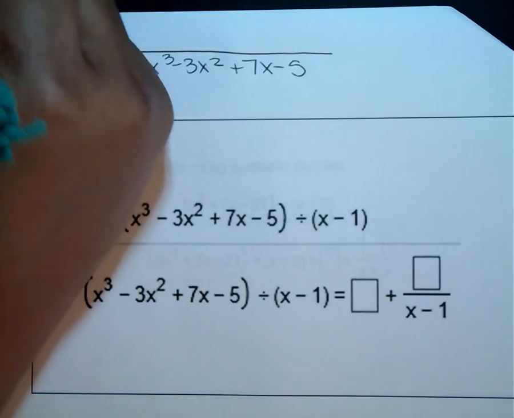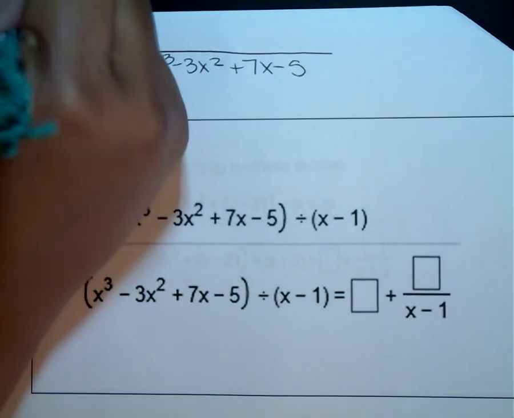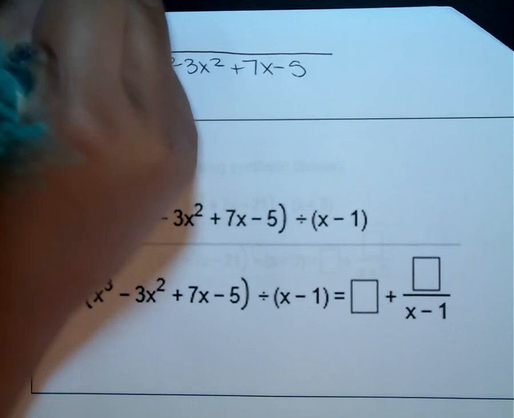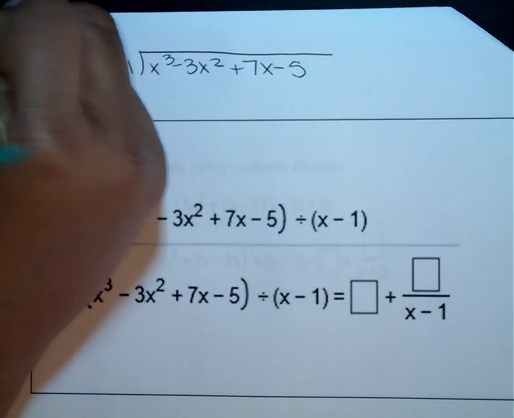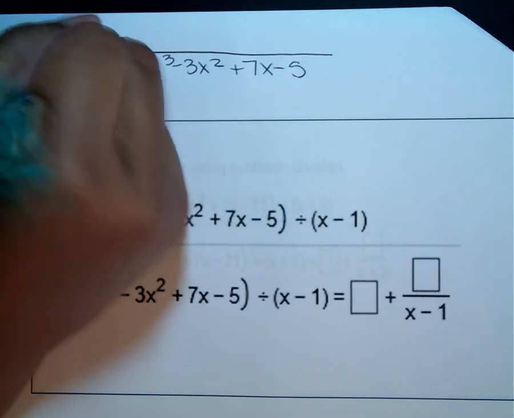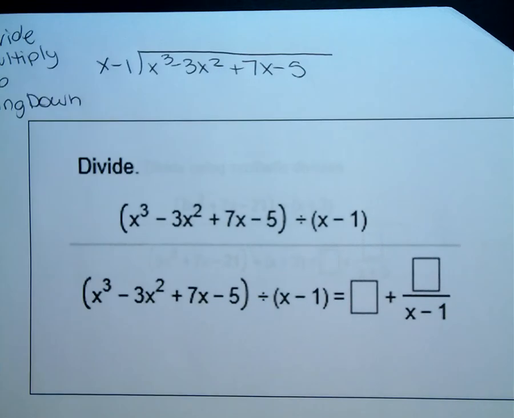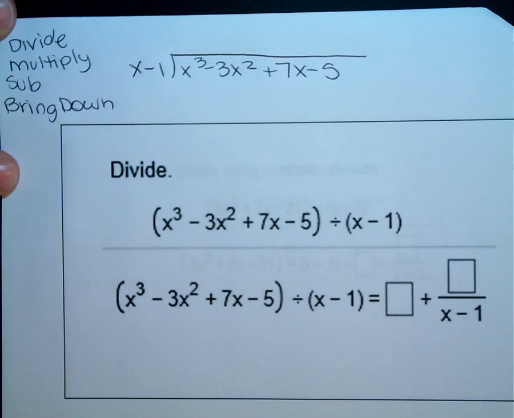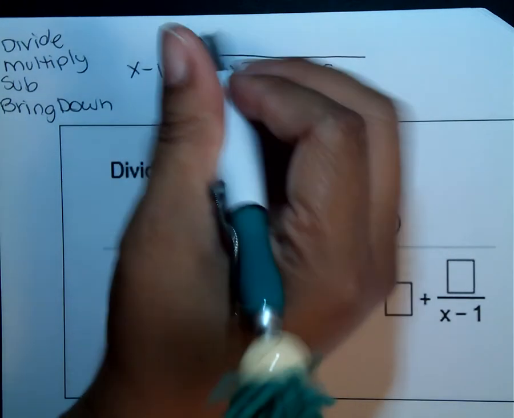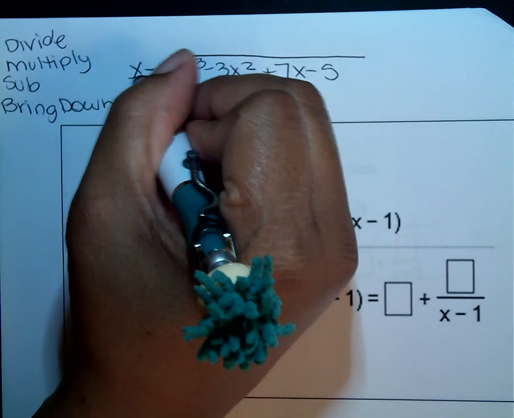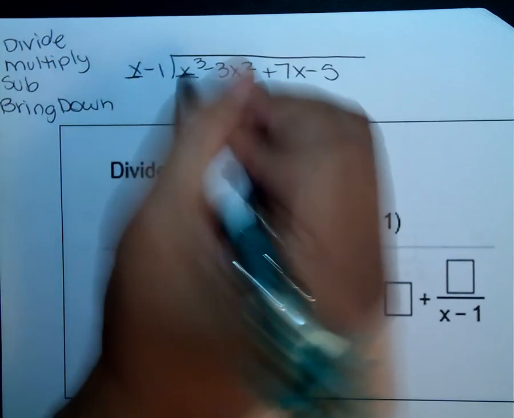So remember, our steps were divide, multiply, subtract, bring down. Divide, multiply, subtract, bring down. Okay, so when I divide, it says the first term, so I'm dividing my first term, my x, into x cubed.